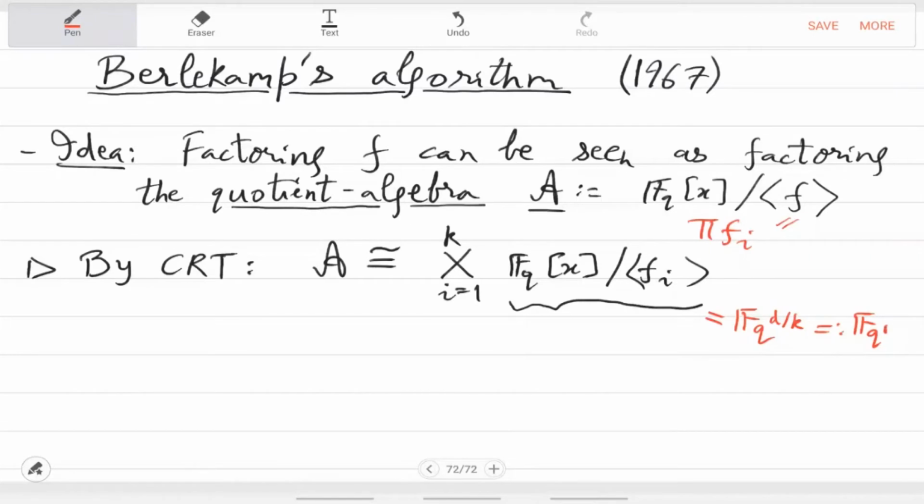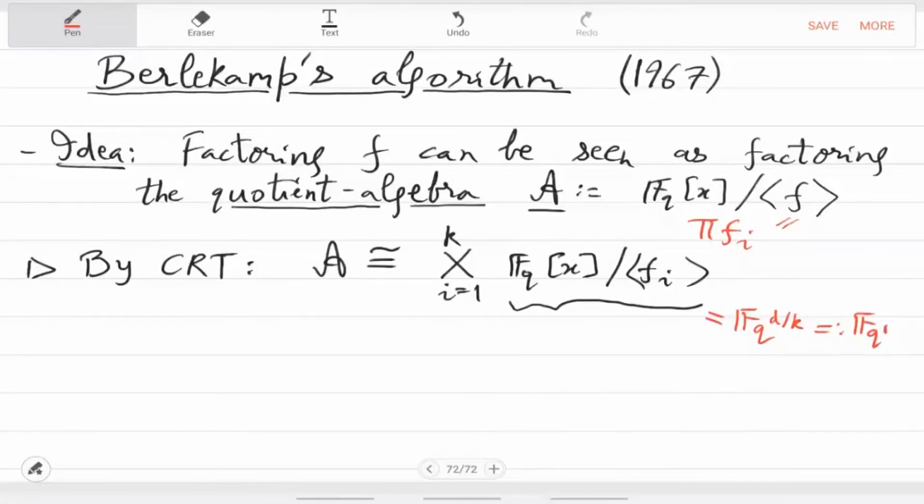So this structure is known, but what is unknown is the isomorphism. The structure is known because you know k and you know q'. So you exactly know what the structure of the algebra is, but what is missing is this Chinese remaindering isomorphism. That is not known, because if it was known, then you would have been able to recover the f_i's, the actual factors of f.